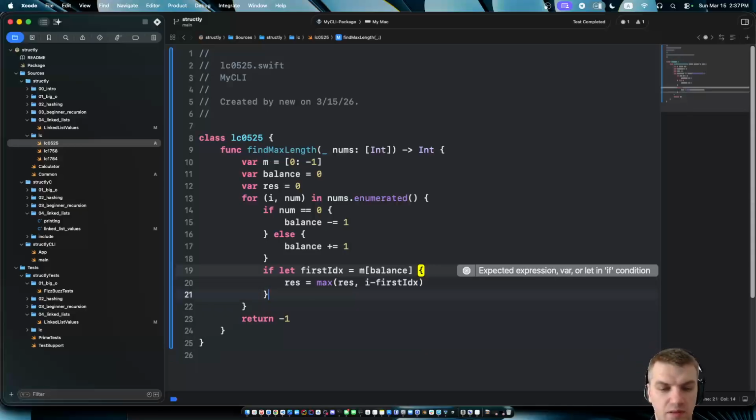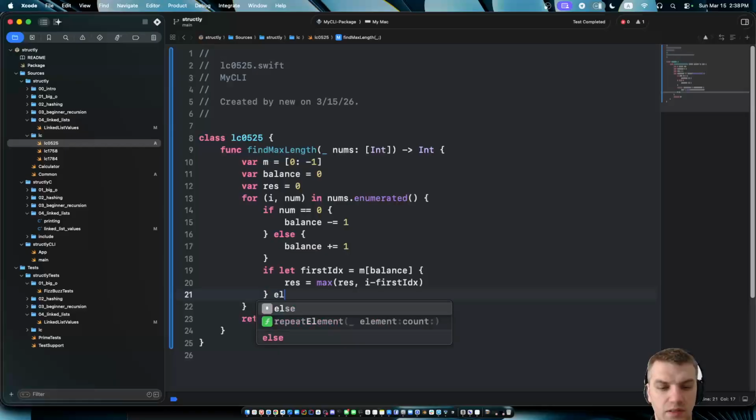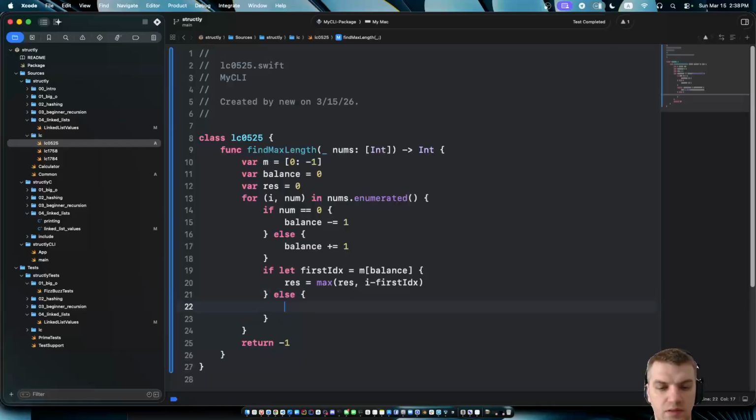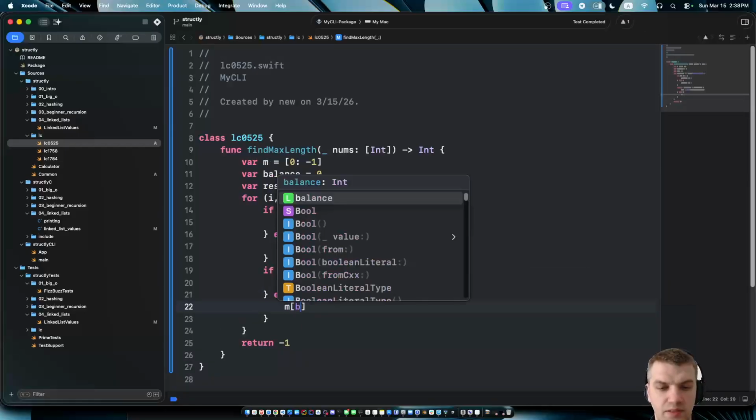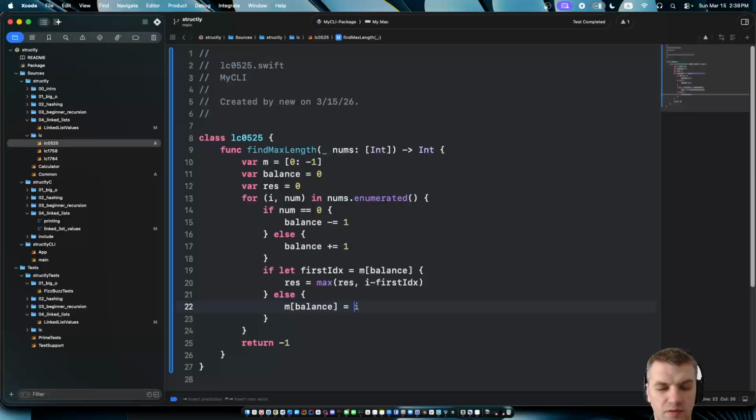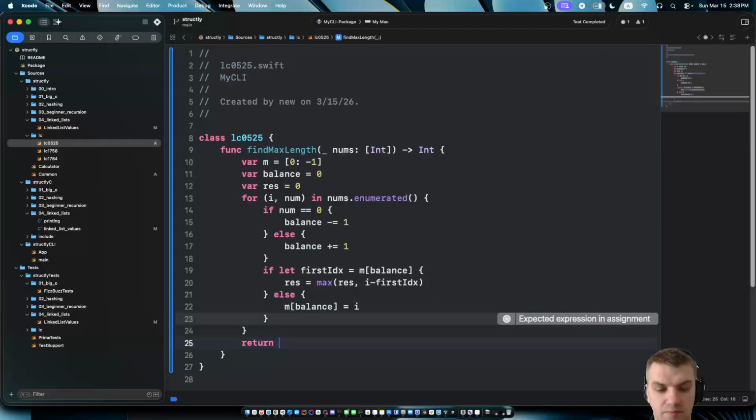Else, map balance is going to be equal to index i. And then I'm going to return the result.